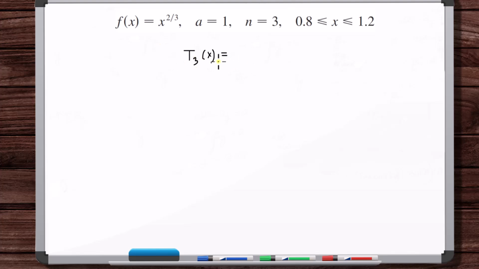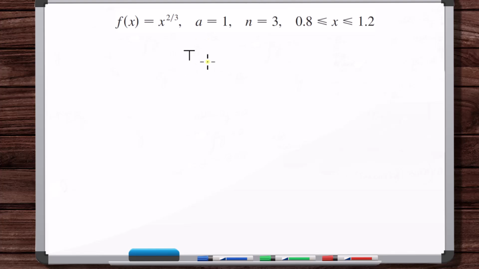But it's different with Taylor polynomials. The n is about the order of the polynomial, not the number of terms. So we're going up to the x minus 1 cubed term. That's what T sub 3 means.